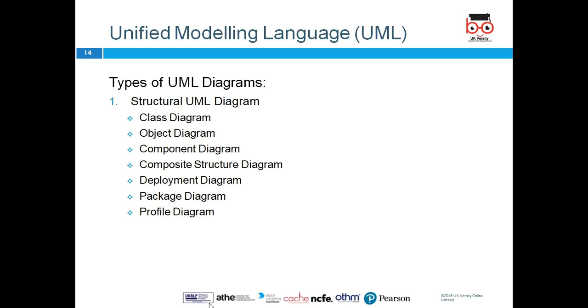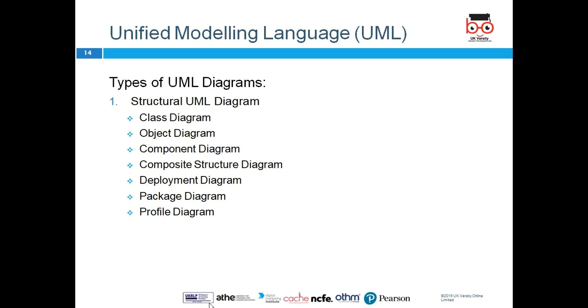Like we said, there are 10 or 13 types of diagrams. Why is there a variation? Like UML 1.1, UML 2.0, with the passage of time some new diagram structures have been added to it. However, the core diagrams still remain the same.